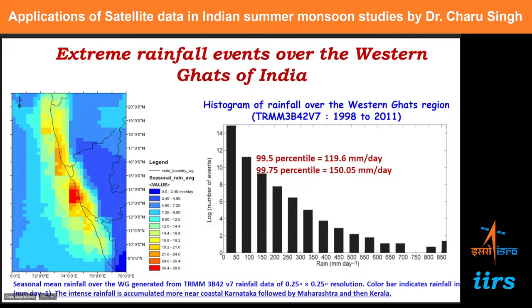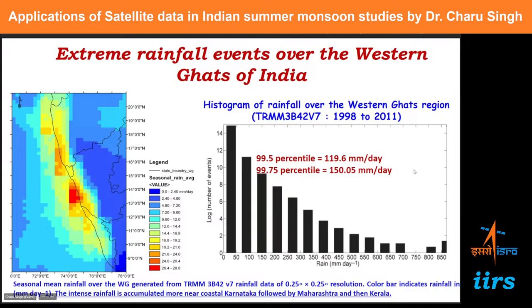So among them, at seasonal scale. And if we see the high percentile of these events, 99.5 is about 120 millimeter per day approximately, and 99.75 is about 150 millimeter per day.